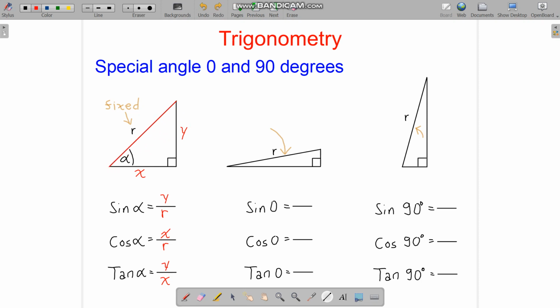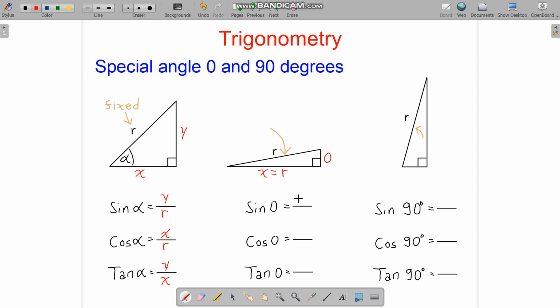until it reaches 0. Of course, when the angle is 0, the x would be equal to r. As you can see, if we rotate like this, the length of x will be increasing and the length of y is decreasing. So when the angle is 0, x equals r and y equals 0.